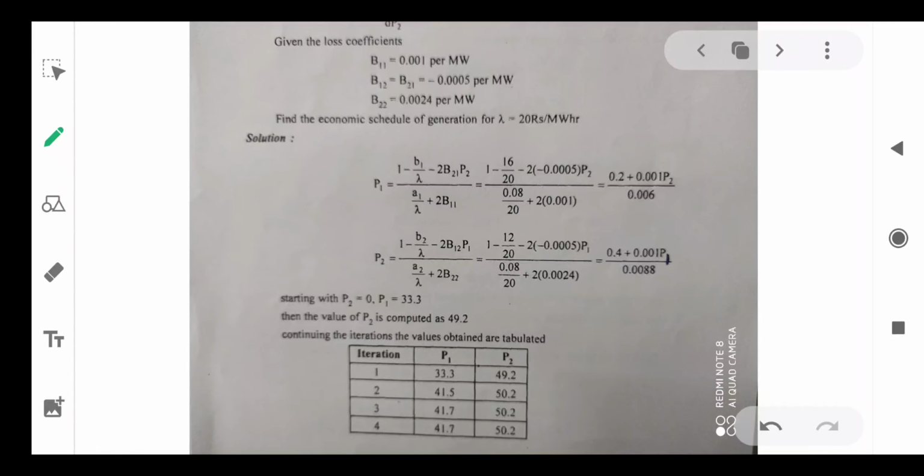Again, when P1 is equal to 33.3, let us substitute that expression in the P2, you will get 49.2. When P2 is equal to 49, let us substitute in the P1, you will get 41. So it is an iterative solution till you will get the optimal values. Let us have the fourth one, 41.7 and 50.2 respectively.